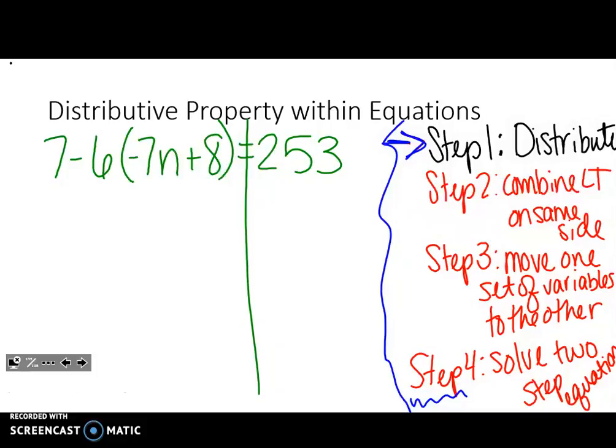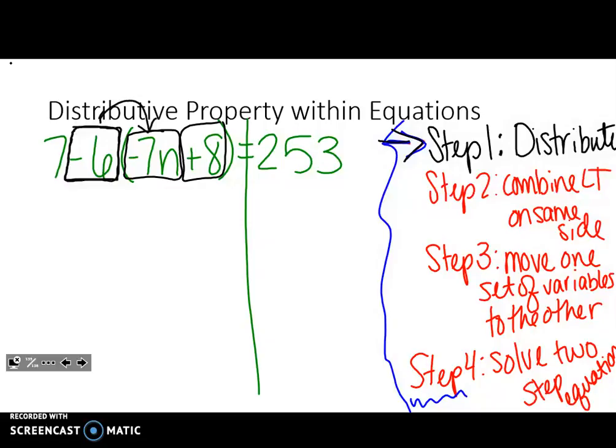Okay, so step 1 is still going to be to distribute. You have to be careful, because the number that is on the outside of the parentheses is a negative 6. So you have to make sure that you include that sign that's in front of that number whenever you distribute.